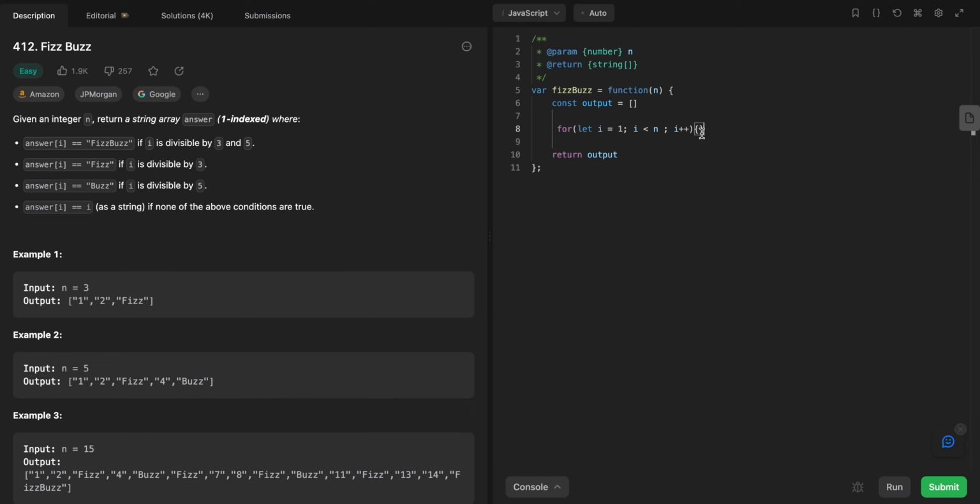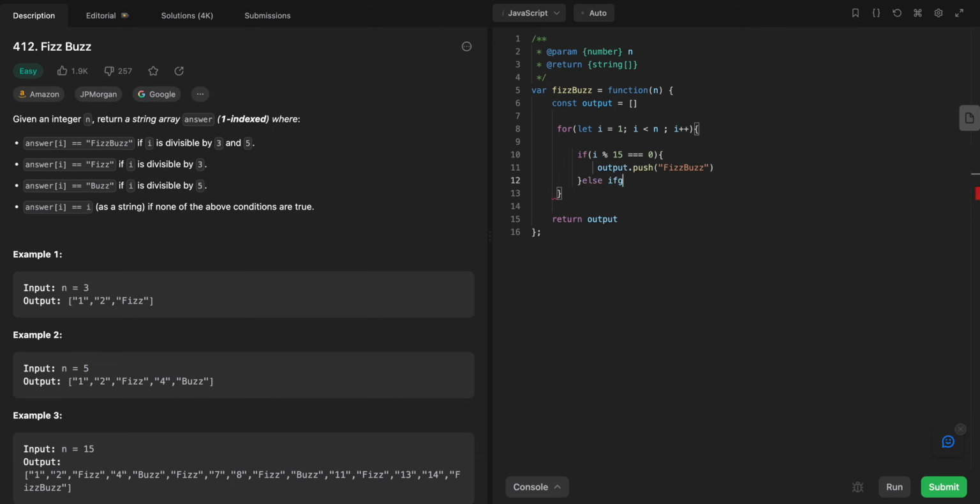So what we could do: I will say if i modulo 15 equals 0, it will be output dot push FizzBuzz.